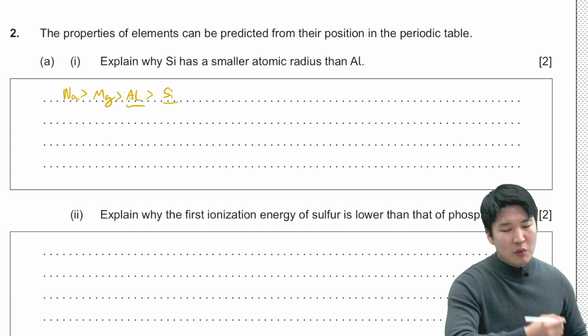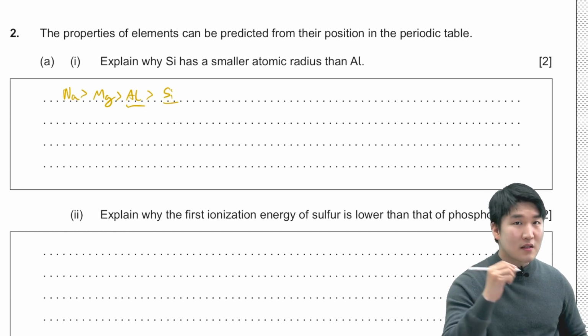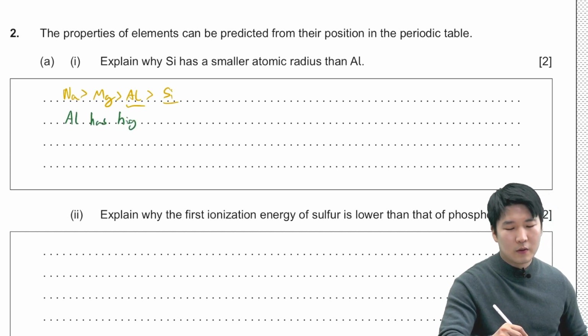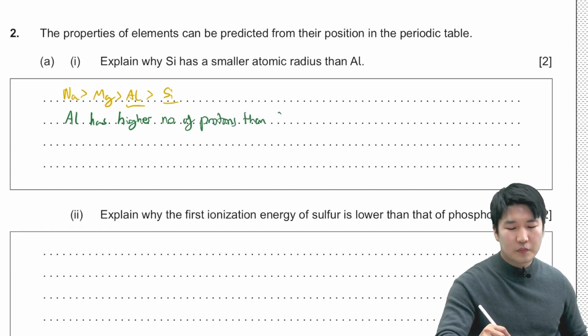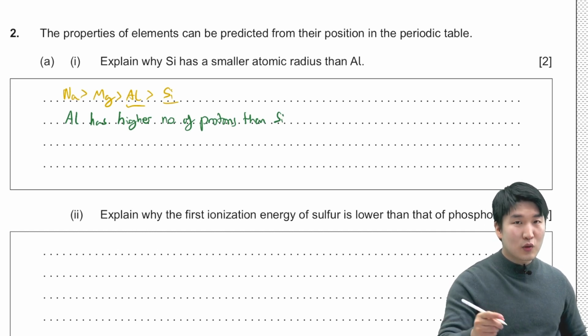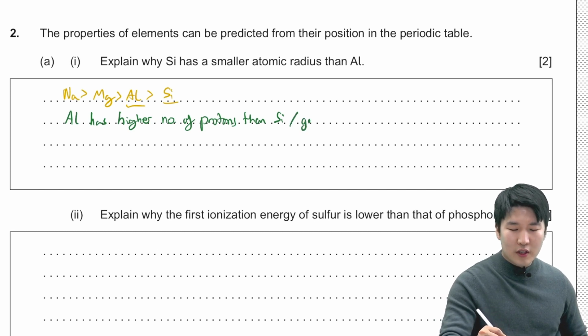So, aluminium has greater atomic radius than silicon because aluminium has higher number of protons than silicon. This itself is 1 mark. And this is equal to saying how aluminium has greater nuclear charge.